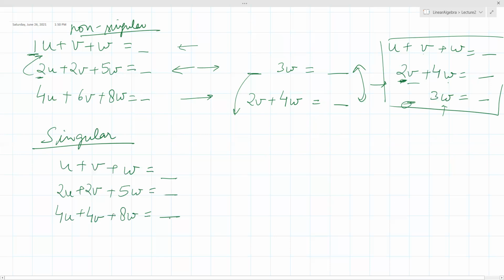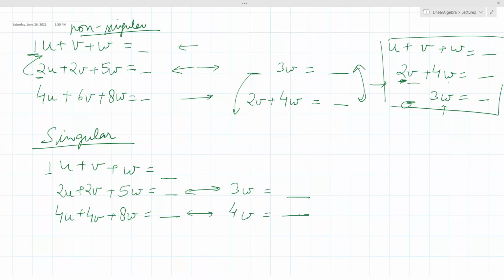Your pivot is 1. After doing your elimination, what are you going to leave behind? The first equation will be multiplied by 2, and you'll get 3w is equal to something. And then multiplying by 4, you'll get 4w is equal to something. So you will not get a solution because there is no possible solution.